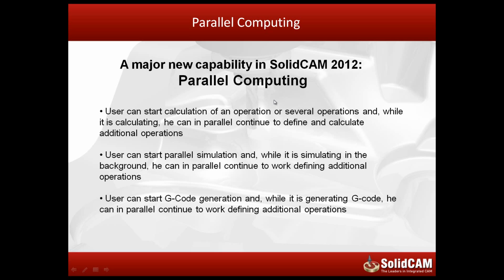While he's doing a parallel simulation, and while it's simulating in the background, he can, at the same time in parallel, continue to work defining additional operations. And the third thing is that the user can start G-code generation, and while it's generating a G-code, he can in parallel continue to work defining additional operations.